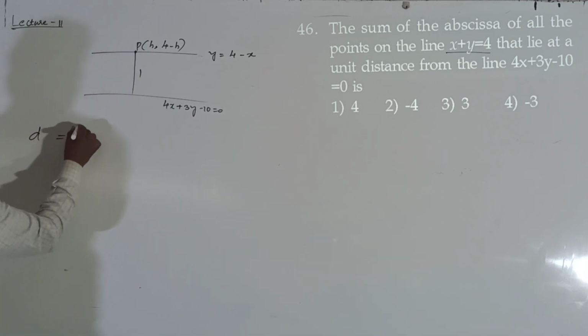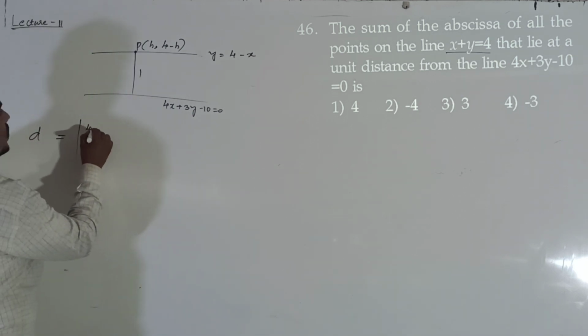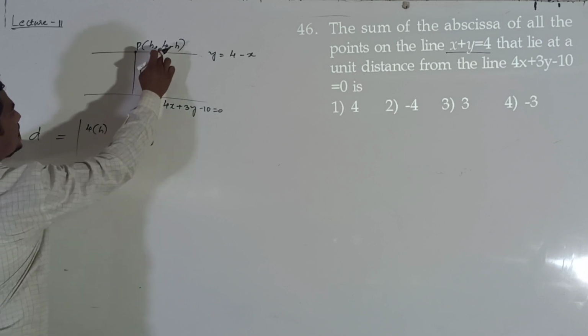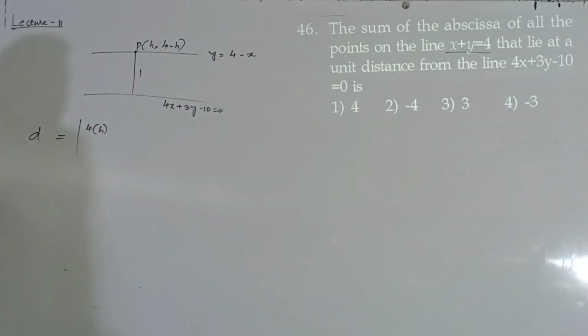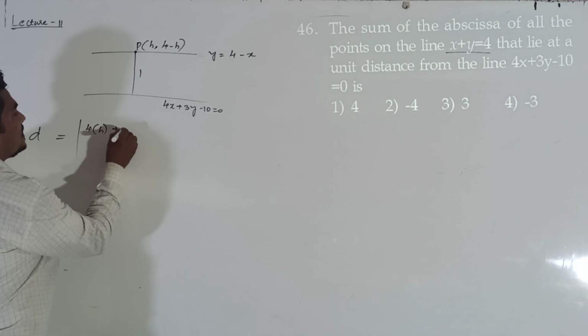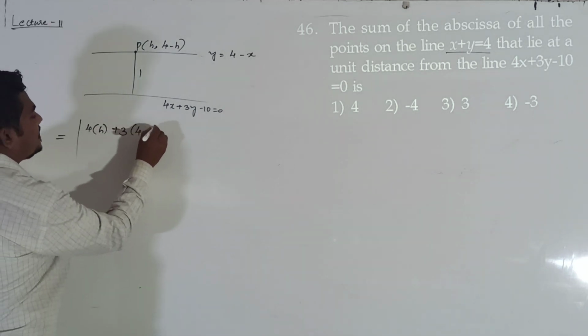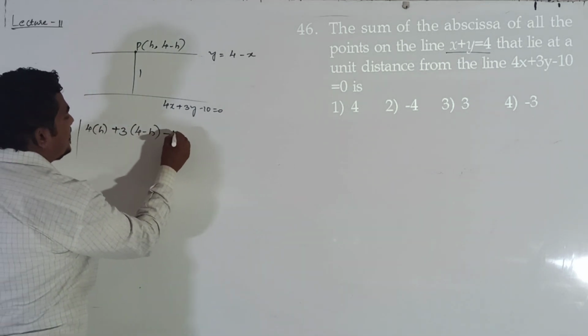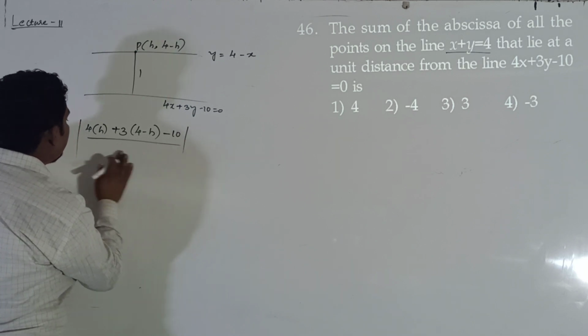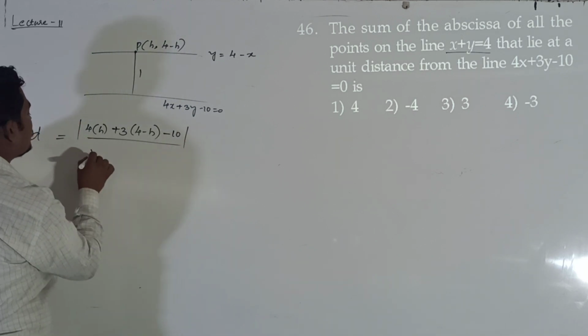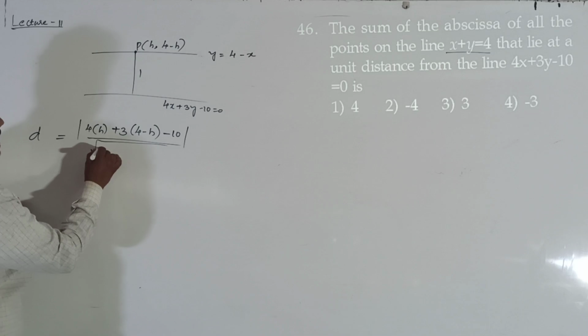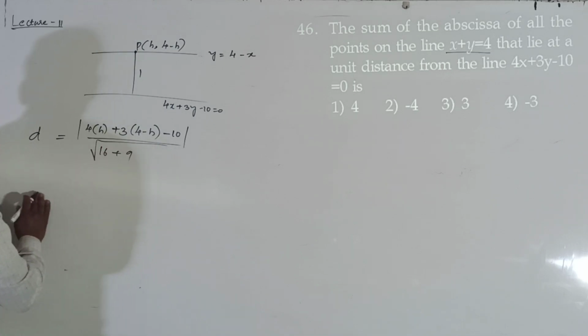Then distance d is equal to modulus of 4 into h. This is x1 y1, this is ax plus by plus c, plus 3 into 4 minus h minus 10 divided by square root of a square plus b square, that is 16 plus 9.